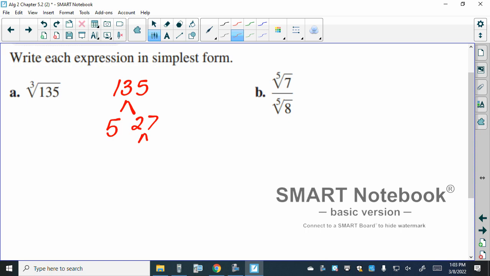Now 27 is divisible by 3 because it's 3 times 9, and 9 is 3 and 3. So we do have 3 3s and 1 5. What that's telling us is that we could rewrite the cubed root of 135 as the cubed root of 3 cubed times 5.